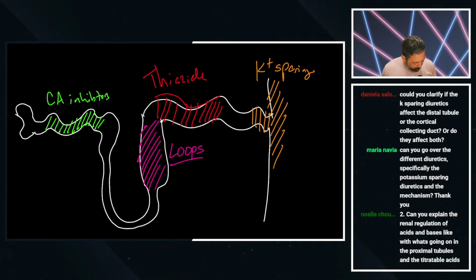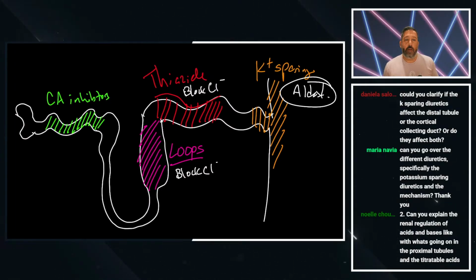So I'll put it in a different color. Loops block the chloride, thiazides block chloride, potassium sparing alters aldosterone. And that's what affects that one. So those are the diuretics.